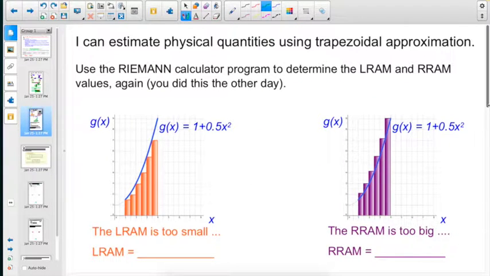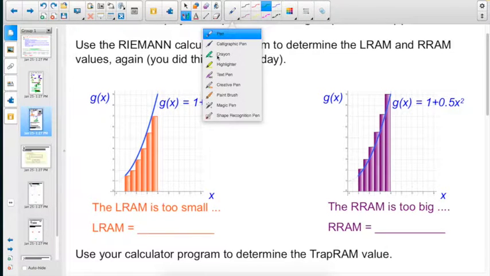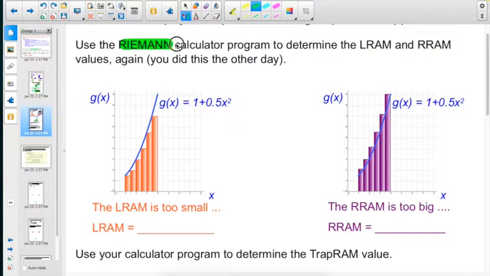And so what we're going to do is rely on the Riemann calculator program here to try to figure out if we can get a relationship between LRAM, RRAM, and trapezoidal value.